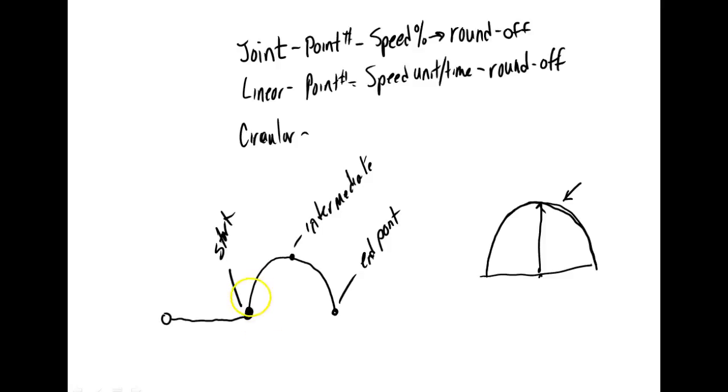So when we come into the circumference of the arc, which would be right here, this is where things start changing a little bit between our robots. We know we're going to have to teach 3 points. But how do you teach point 1? So we're going to call this point 1. Of course, it could be anything, right?